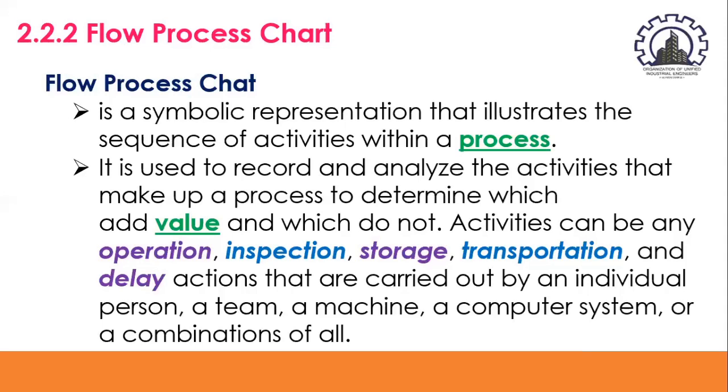And take note, activities can be any operation, inspection, storage, transportation, and delay actions that are carried out by an individual person, a team, a machine, a computer system, or a combination of all. Now, in general, the flow process chart contains considerably greater detail than the operation process chart.